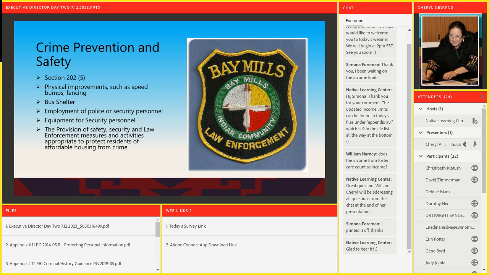Allowable under Section 202.5 is crime prevention and safety: physical improvements such as speed bumps, fencing, and bus shelters, employment of police or security personnel, equipment for security personnel, and the provision of safety, security, and law enforcement measures and activities appropriate to protect the residents of affordable housing from crime.